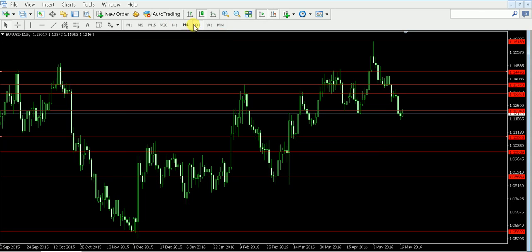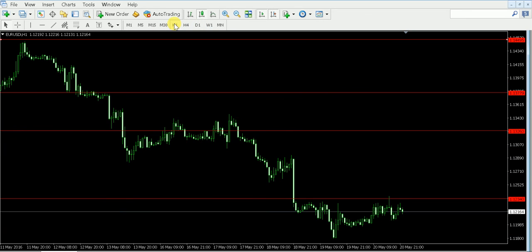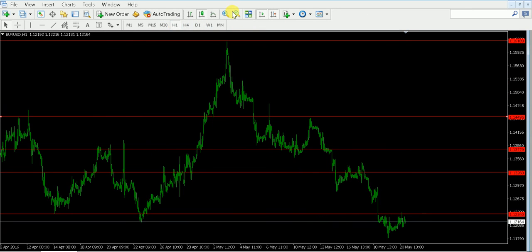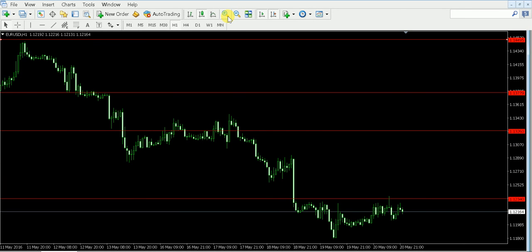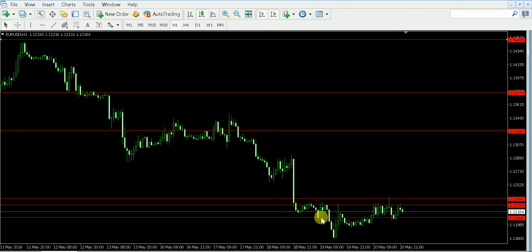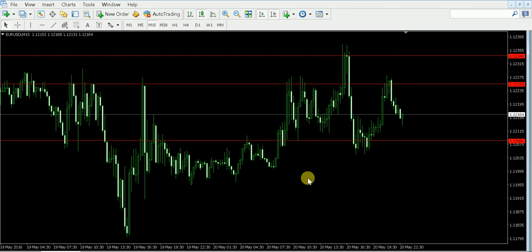Then we'd use the hour chart to identify our entries, which would be here. If we wanted to get our entries even more pinpoint, we can draw our support and resistance lines two time frames smaller.